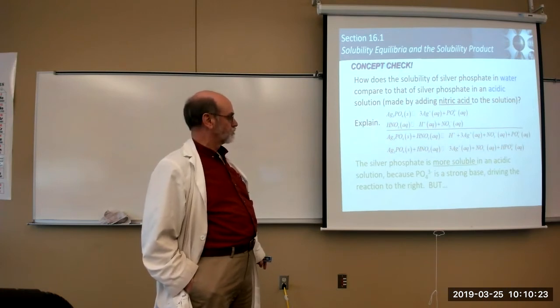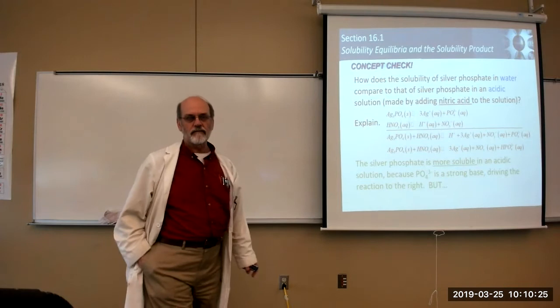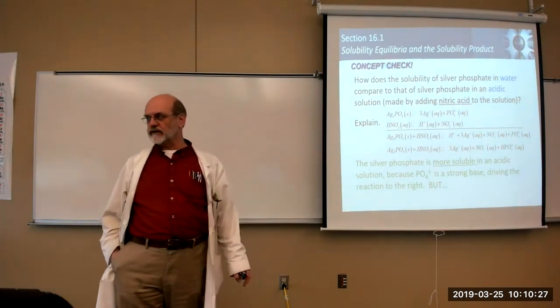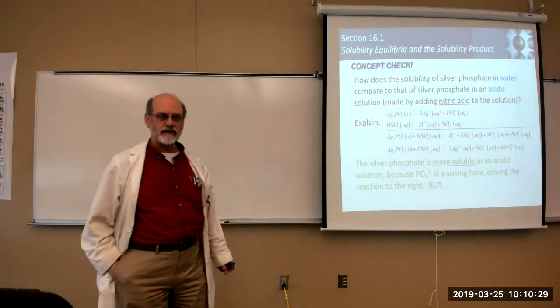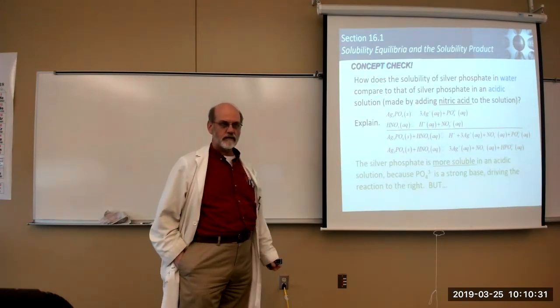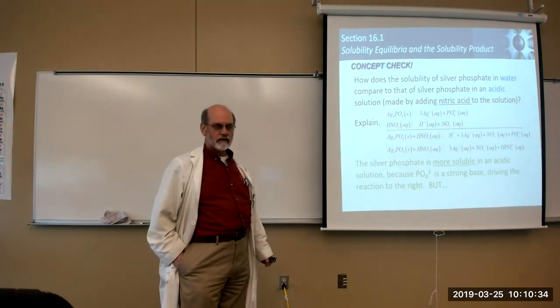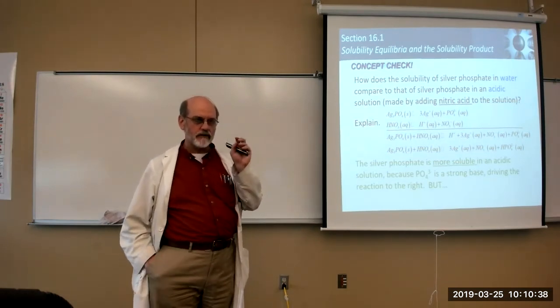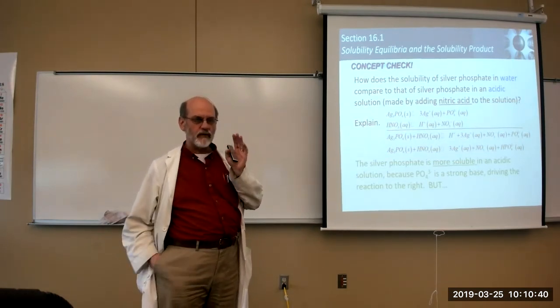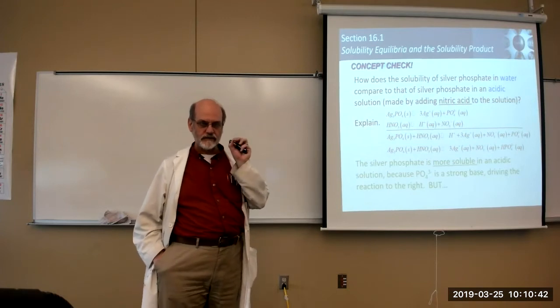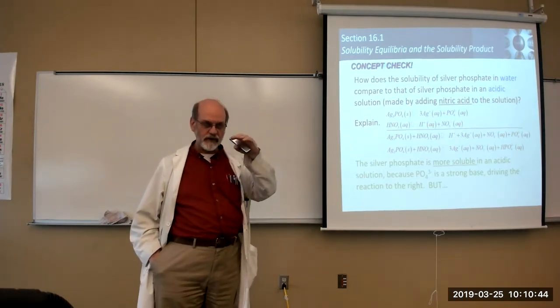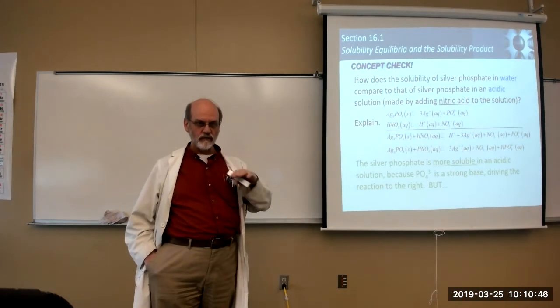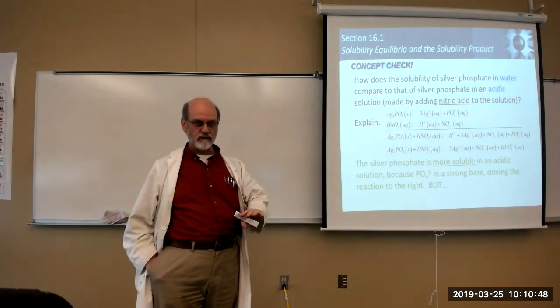How do we know that? From our chapter 14 discussion of polyprotic acids. The first dissociation constant for a polyprotic acid is the biggest, and they become less acidic as you remove one more hydrogen.